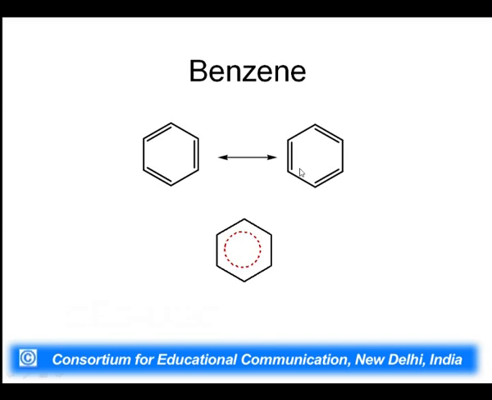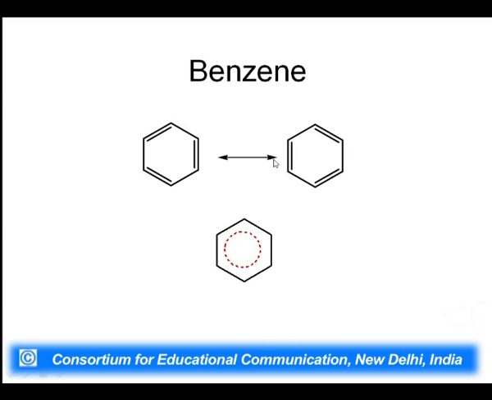In the resonating structure, the double bonds are present at alternate bonds. Like if I place C1, C2, C3, the double bond was at C1, C2. Now here there is no double bond at C1 and C2, but at C1 and C6 and C2 and C3 it is present. So I have made a resonating structure of benzene like this.